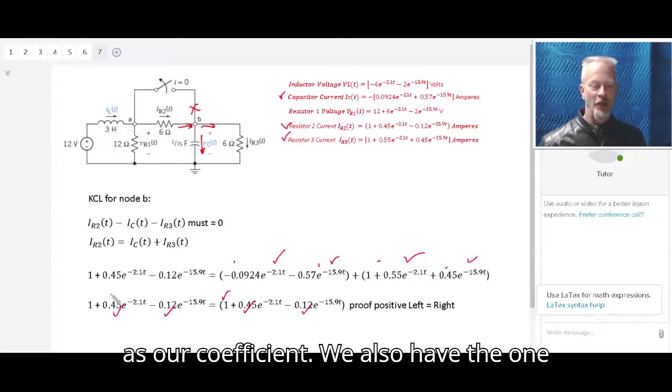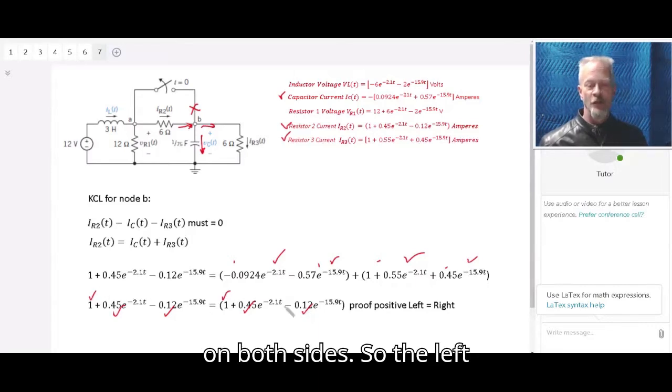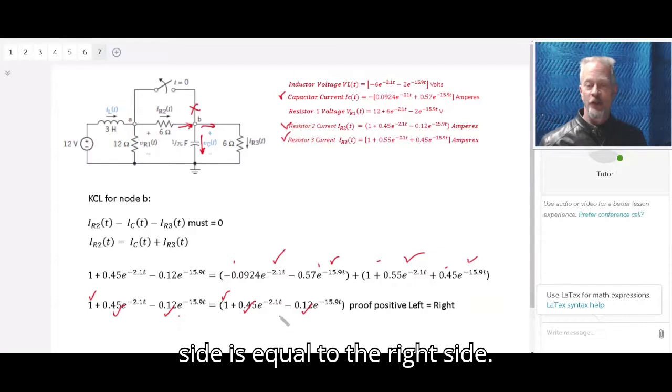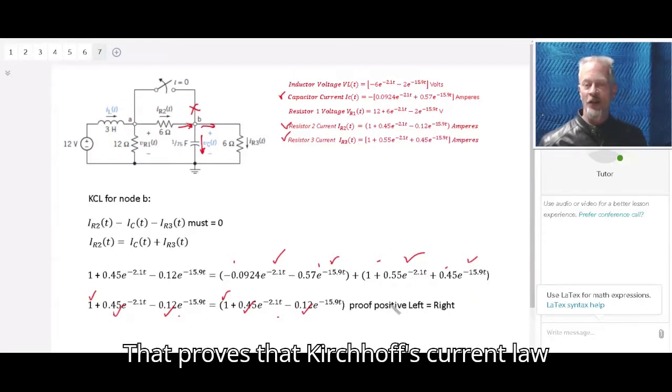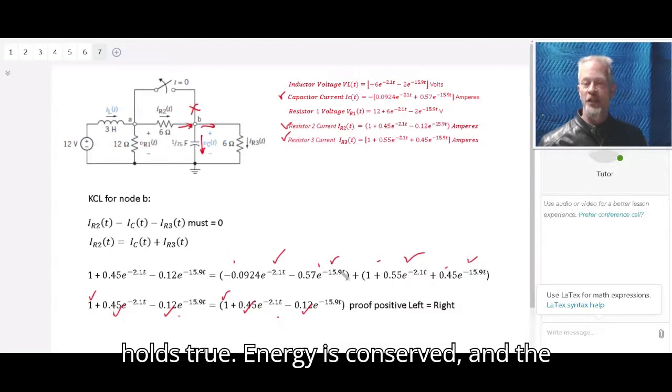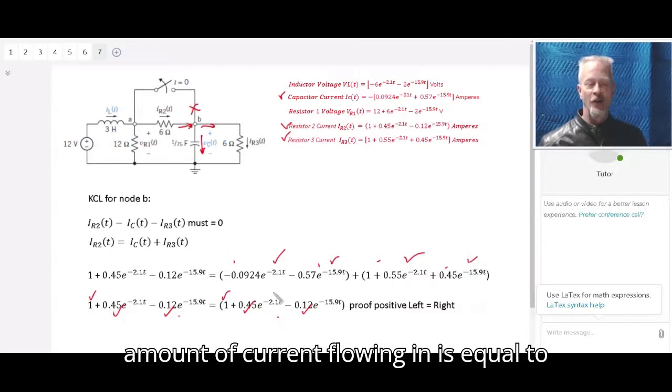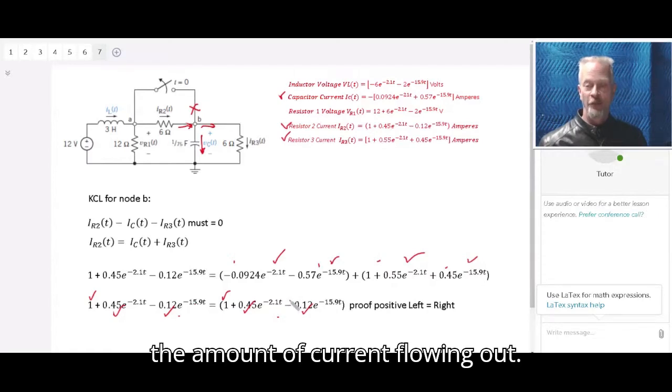We also have the 1 on both sides, so the left side is equal to the right side. That proves that Kirchhoff's current law holds true, energy is conserved, and the amount of current flowing in is equal to the amount of current flowing out.